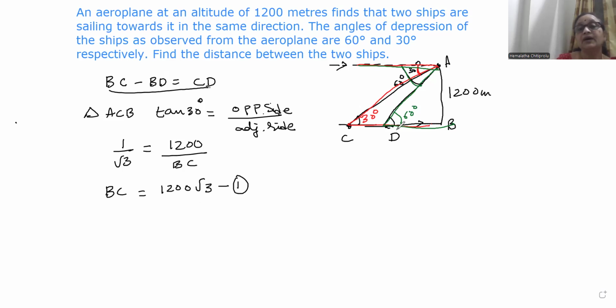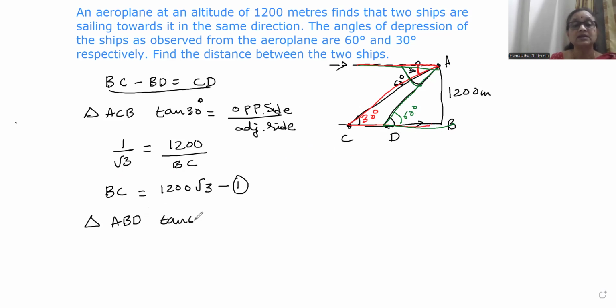Now we need to find BD. For BD, I am going to take triangle ABD. From this triangle, again we use tan only, because AB is the altitude and BD is the adjacent side. Whenever altitude and adjacent side are there, we use tan.